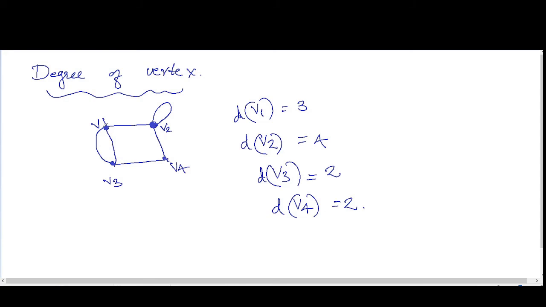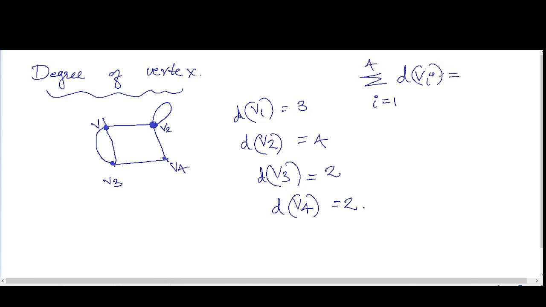Now we can see there is a relation between the degree of vertices and the number of edges in a graph. You can add the degree of all vertices here, that means sigma d(vi), where i varies from 1 to 4.